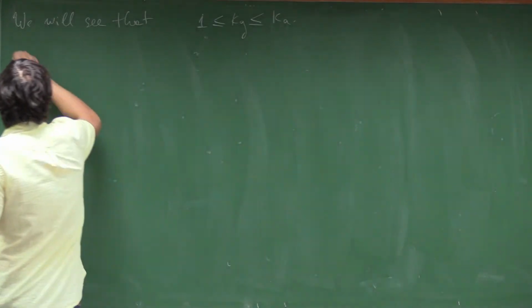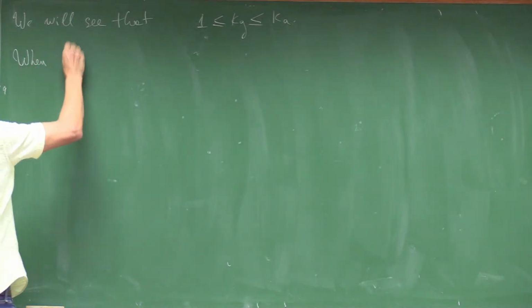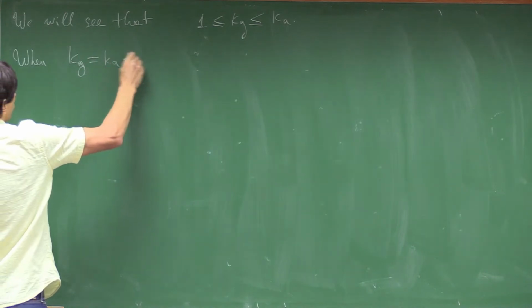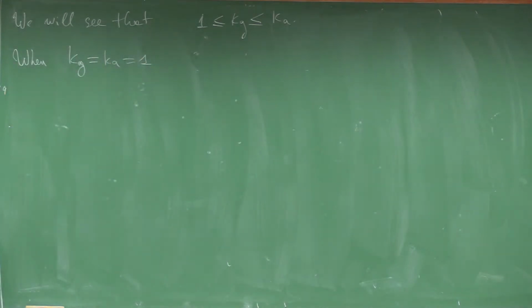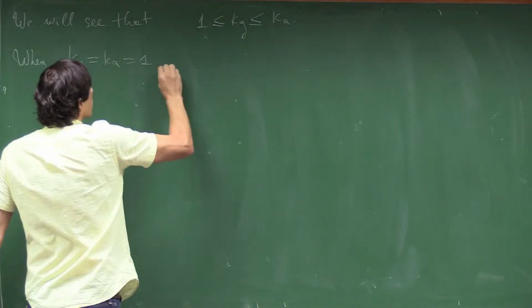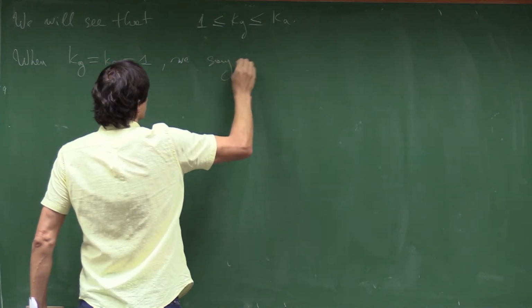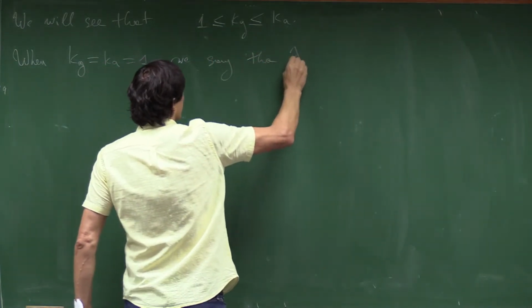So when Kg and Ka are both equal to 1, we say that the eigenvalue is simple.